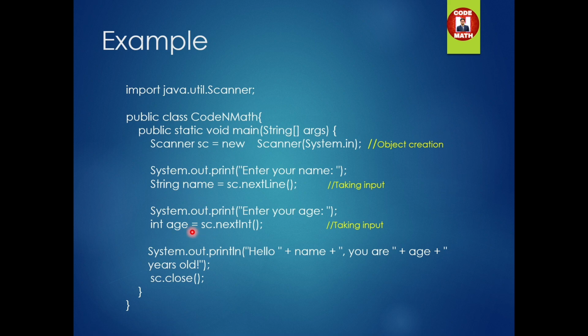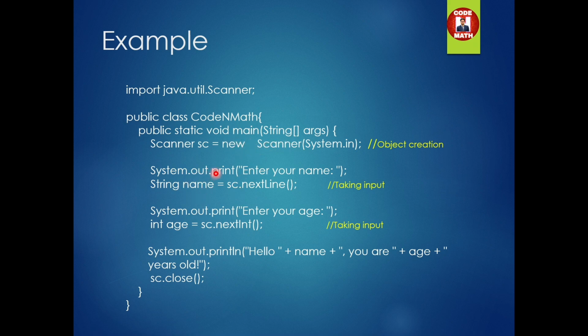So now we can see here one example. We have imported the scanner class, then we created one class. Okay, then we created the main function. Inside main function, we created the object of this scanner class. Okay, this is the syntax to create the object, using the new keyword.